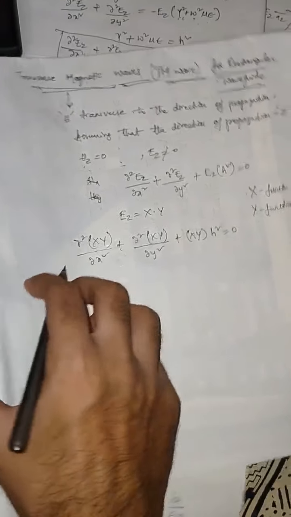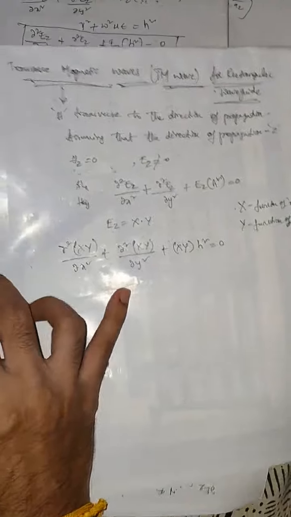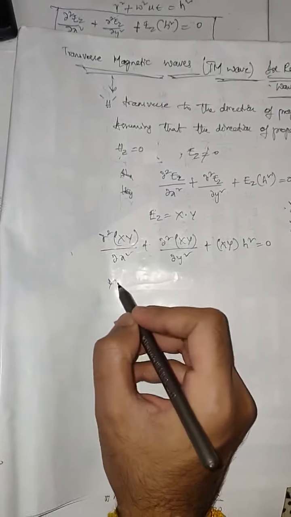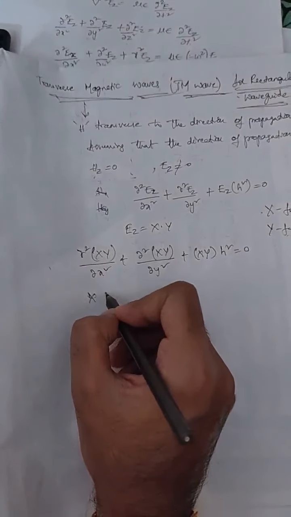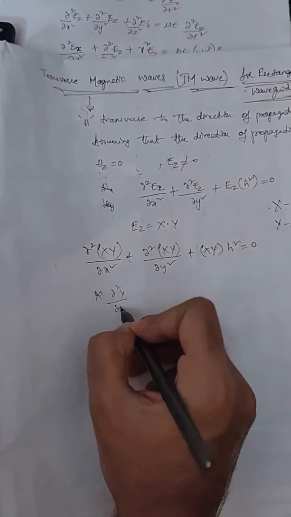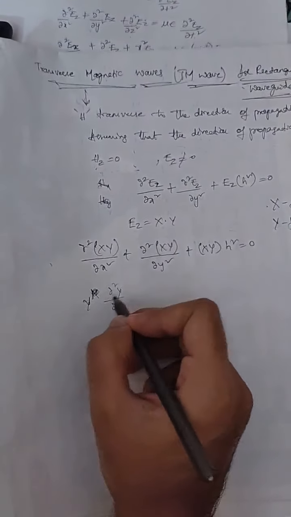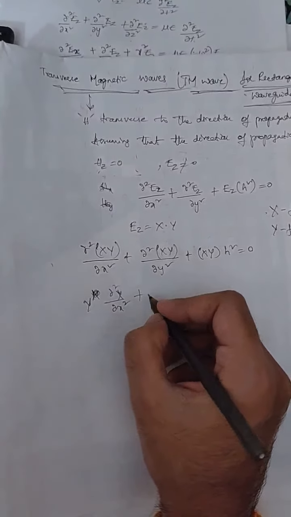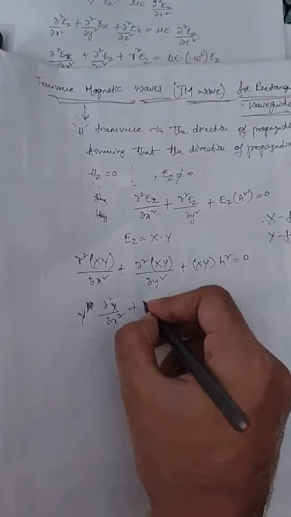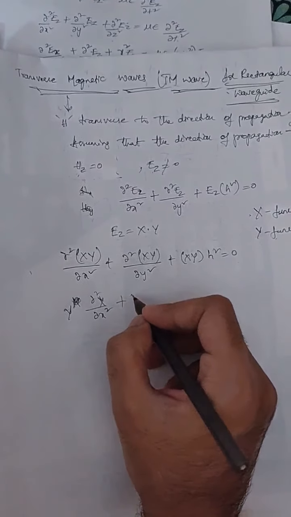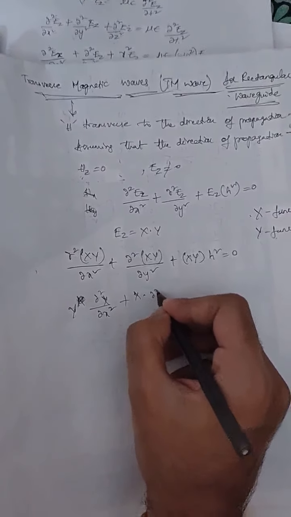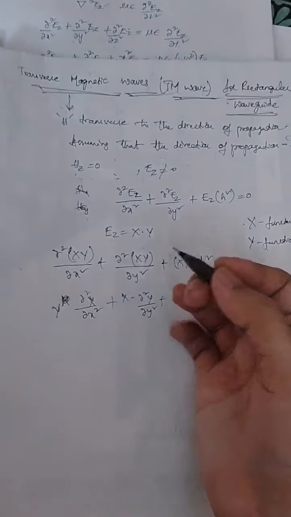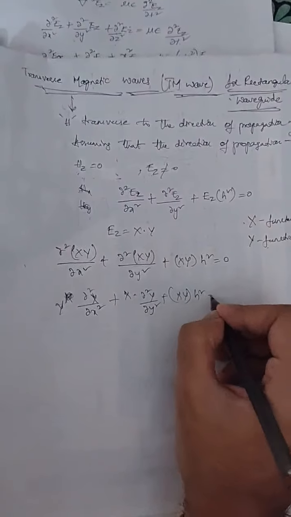Separating the variables x and y, we can write it in this form: Y multiplied by d squared X by dx squared, plus X multiplied by d squared Y by dy squared, plus XY multiplied by h squared, is equal to 0.